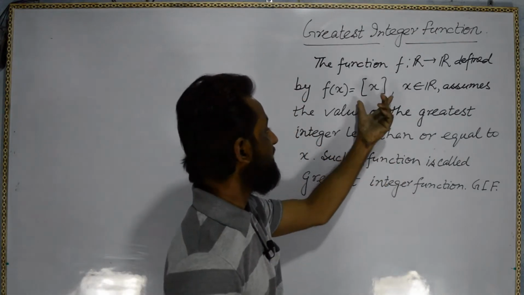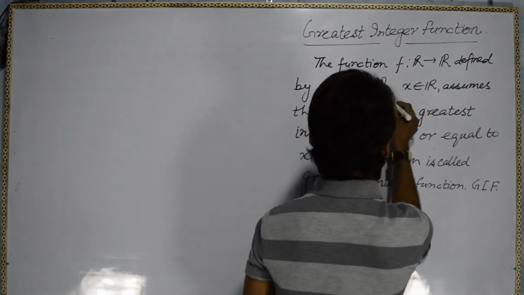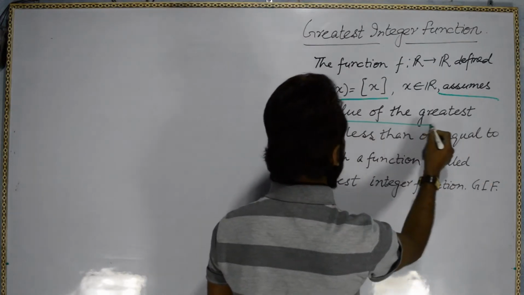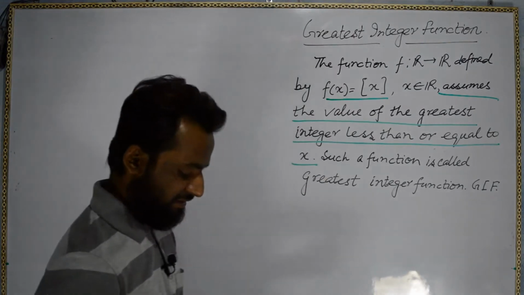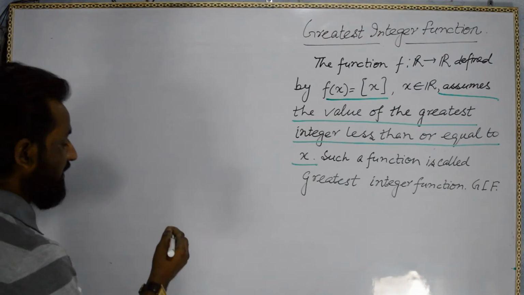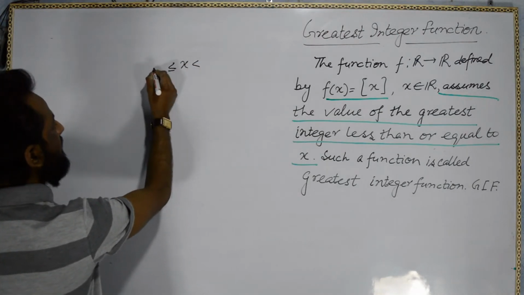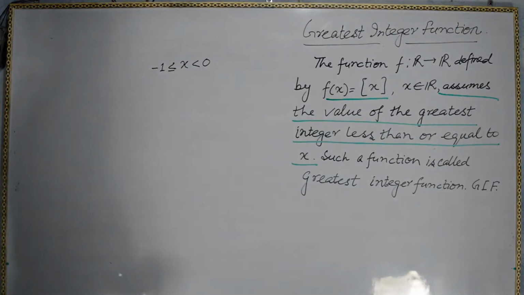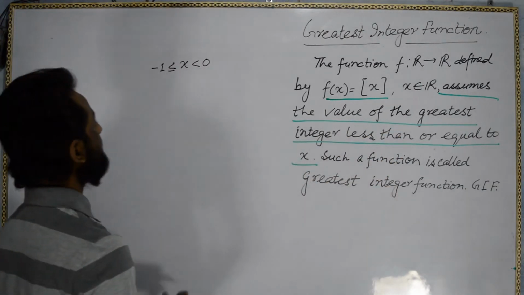It assumes the value of the greatest integer less than or equal to x. What does that mean? This bracket x, the greatest integer function, assumes the value of the greatest integer less than or equal to x. It means that if we are given an x value in between -1 to 0, it assumes the value of the greatest integer less than or equal to x.